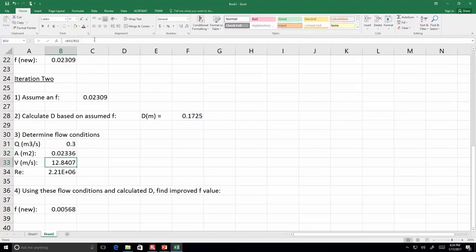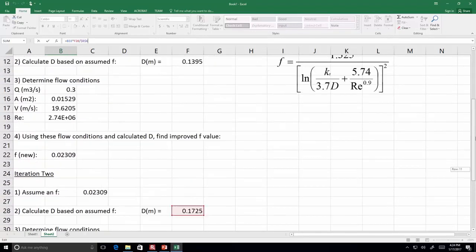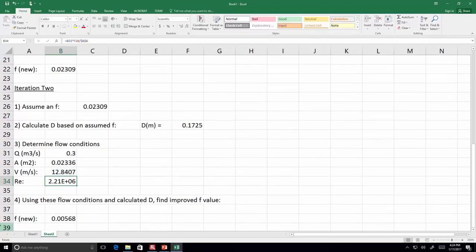The velocity is just Q divided by A. The Reynolds number, everything's fine there still. V times D divided by the kinematic viscosity of water. And then we have the improved value of the F. So with the Jain equation, the only changes are a different D and a different Reynolds number.